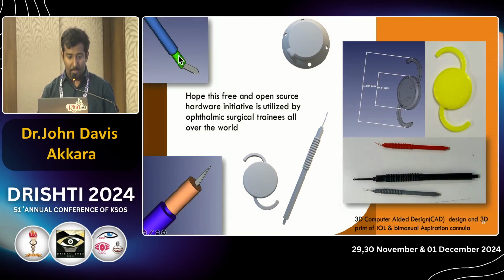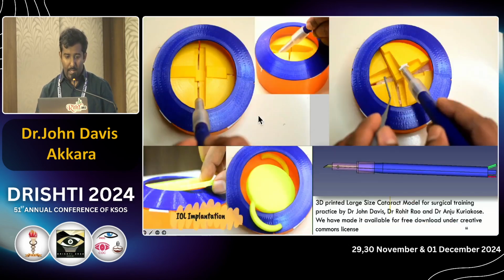This is a modular keratome innovation which we had done, and these are all 3D printed models. This is a 3D printed model of an IOL, and this is a large size training model. For teaching surgery, it might be very difficult to understand the concepts at a microscopic level.